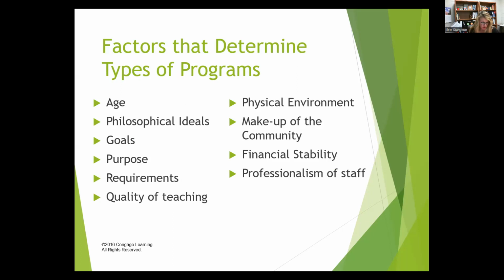They exist to serve a number of needs, and sometimes those overlap. So like I said, you can read about those on 32, but maybe the whole reason that a center exists is just to provide care while parents are working. And that's their main goal. And hopefully, there's some social interaction going on, and hopefully there's some learning going on, but the main goal is we've got to have somewhere for our kids to be while we're at work.